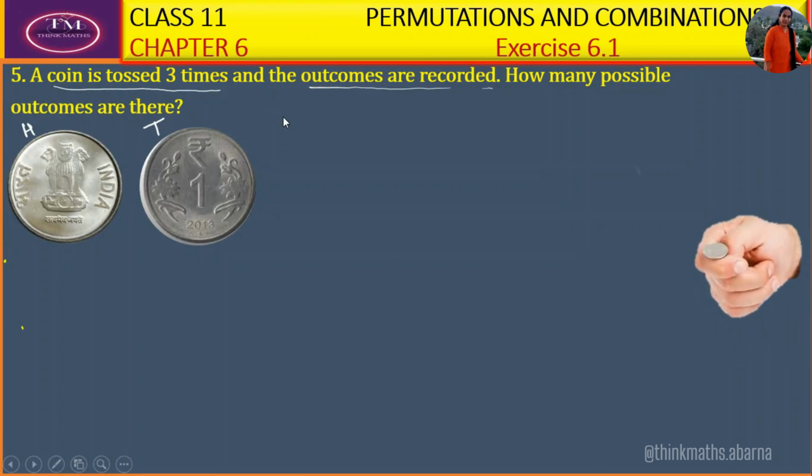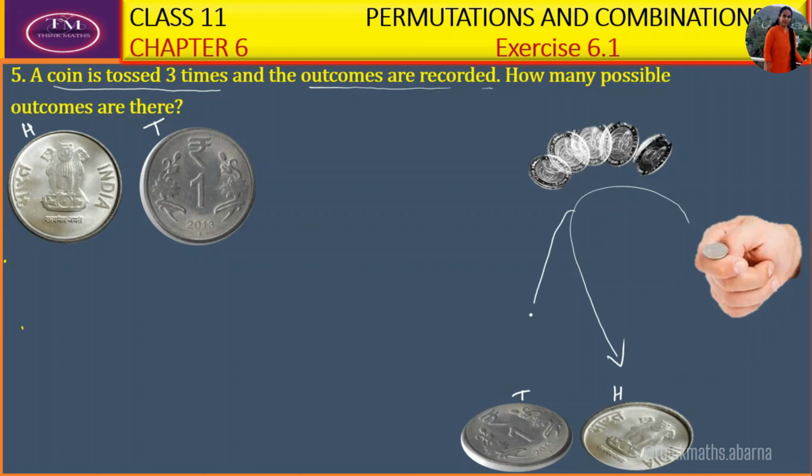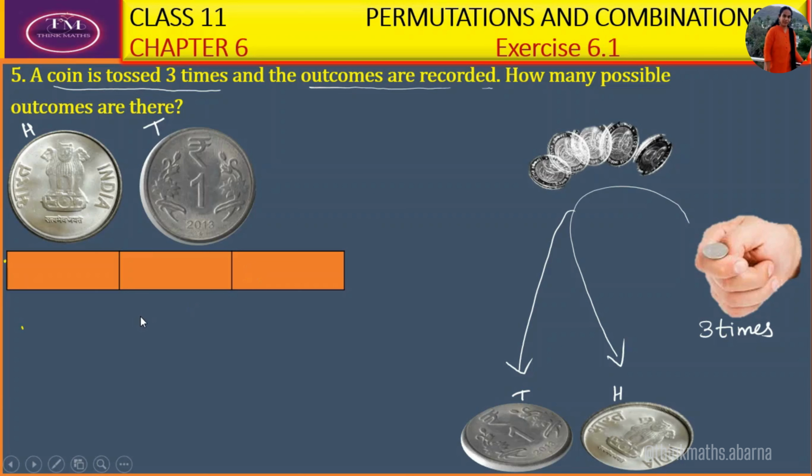So while tossing a coin, the coin will fall down either as head or as tail. So this is the activity happening. This is done 3 times. So whenever you toss a coin, you have the option of either head or tail.